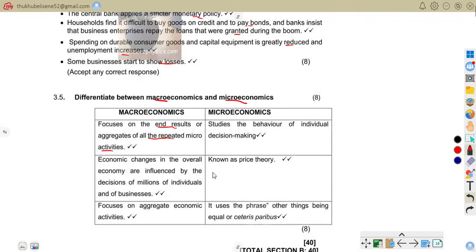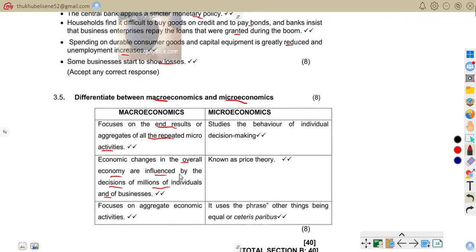So, for example, studying South Africa's total inflation rate for the year, that is macro. Also, economic changes in the overall economy are influenced by decisions of millions of individuals and businesses. So it means that the economy changes because many people and firms make daily buying, saving, producing, and investing decisions.